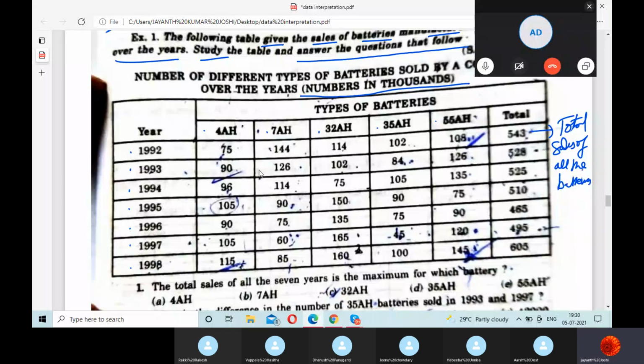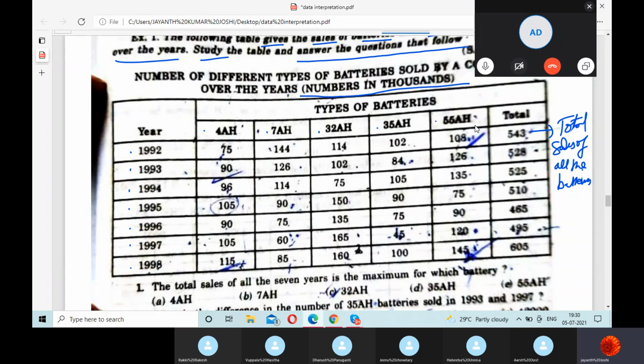Here these are single batteries. If 4Ah sales in 92 is 75, 7Ah sales in 92 is 144. So if I add up all of these, it is the total sales of all categories of batteries.